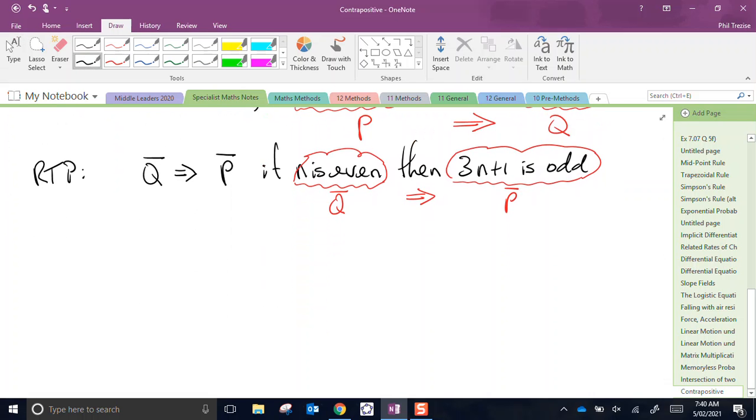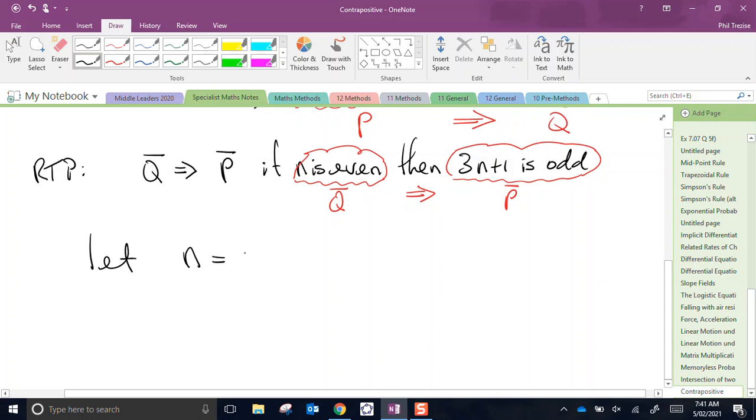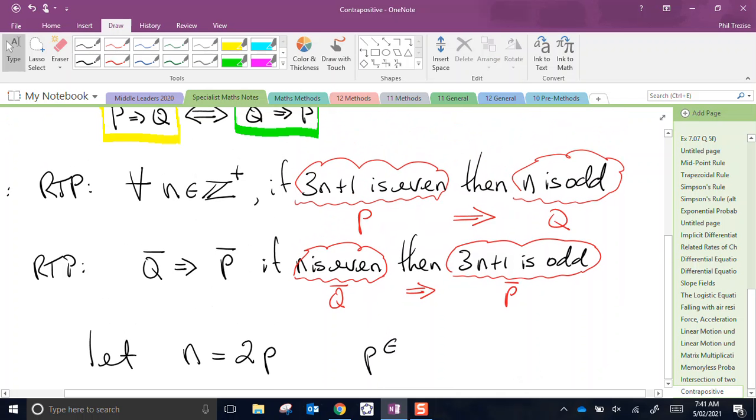So we begin by saying let n, we start from the premise, let n equal, well, if it's an even number it must be a multiple of 2, so we'll go 2 times some other number p, and we will make a note that p shouldn't be fractions and things like that. P would have to belong to, now remember we had a restriction that n was a positive integer.